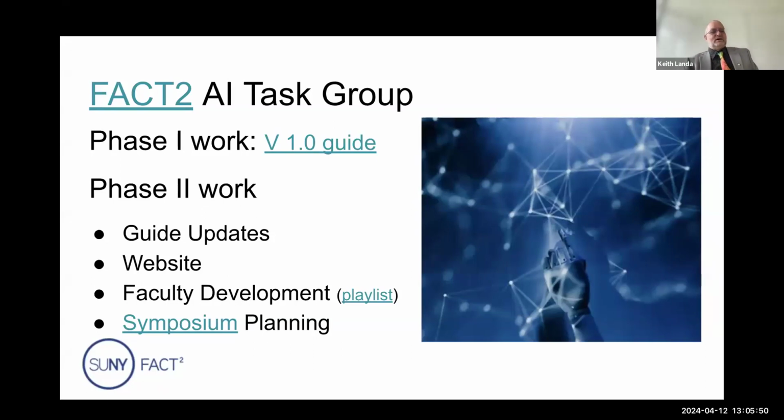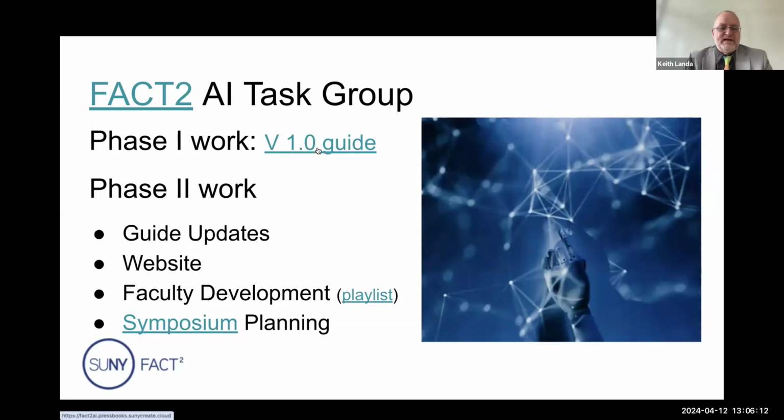And so in May of 2023, FACT2 Council set up an AI task group with a charge that rather than studying this topic for a year and coming out with something to share at the end of the year, we needed an initial guide right away.